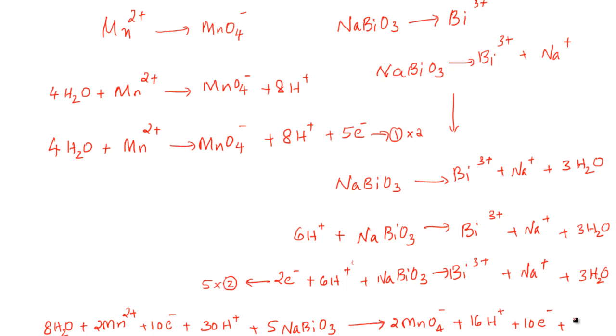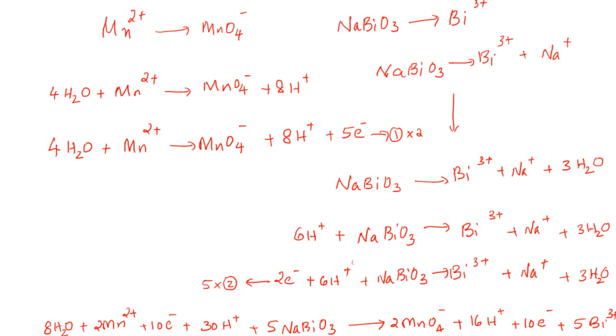So 5 Bi3+ plus 5 Na+, 5 times 3, 15 water. Okay, such a long equation.